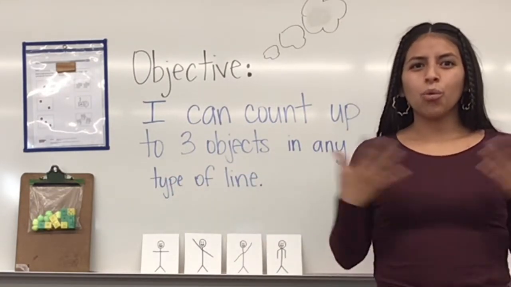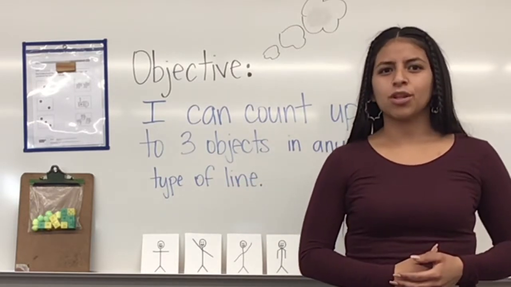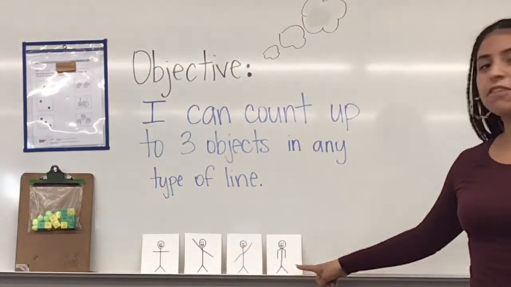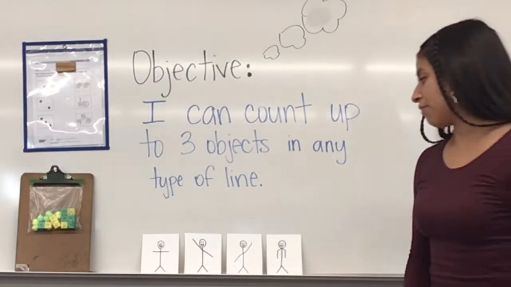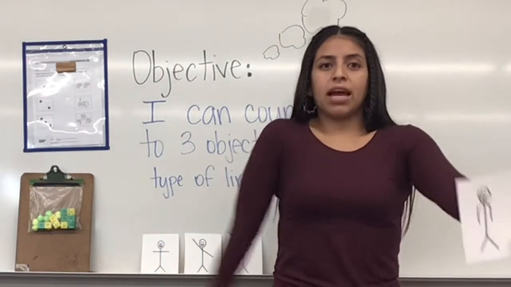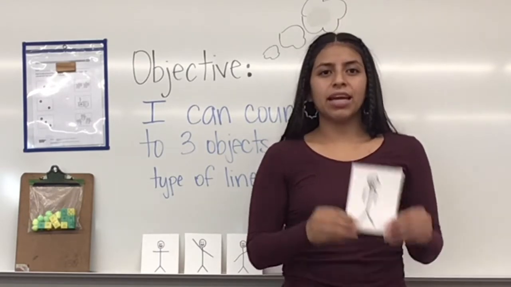So, what do they mean I'm gonna be counting objects in any type of line? Well, at the beginning of our year, we went over the different types of lines that we can have. So, up here I have my vertical line. That's when you stand straight. You're straight up and down, vertical line.